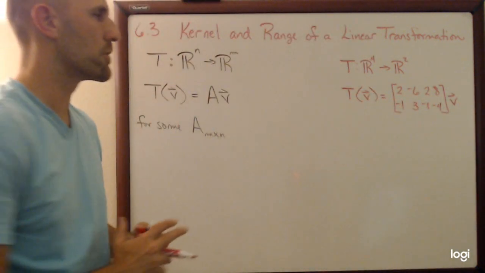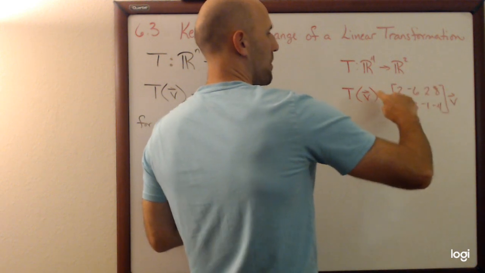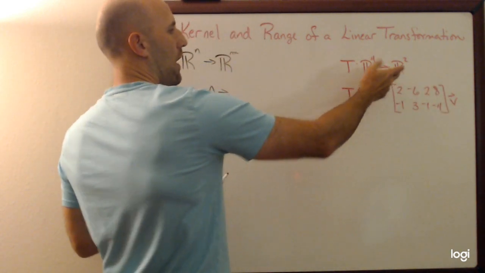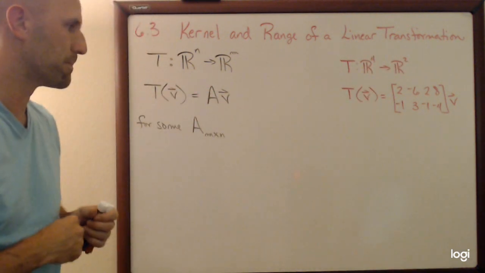So take some vector from R⁴, multiply it times this matrix, and you'll get a two-component vector. That's something in R², right? So we can define a linear transformation this way.